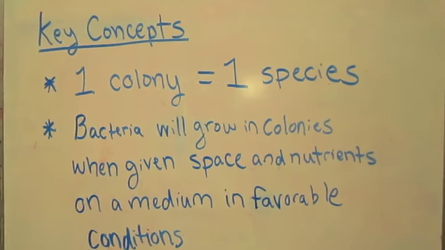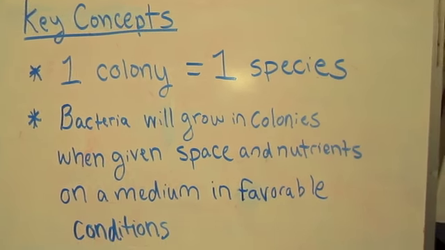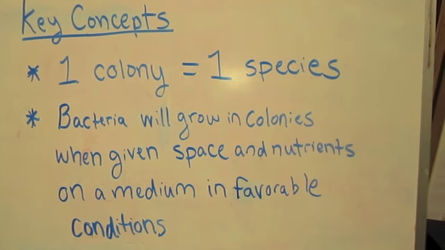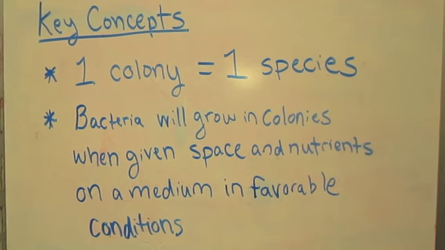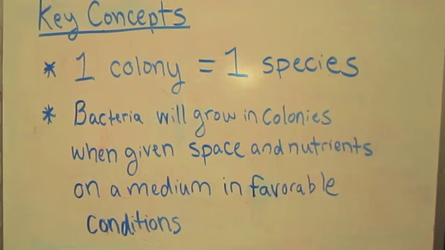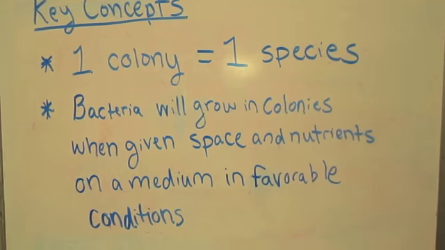Here are the key concepts in the lecture. Basically, what you should take from this is that one colony that is isolated using the streak plate technique is equivalent to one species which is under examination.